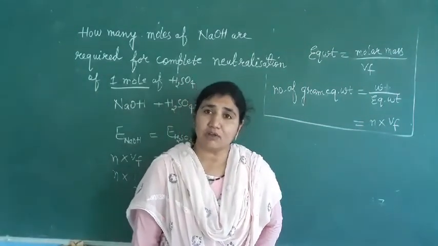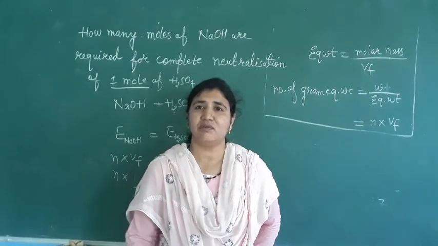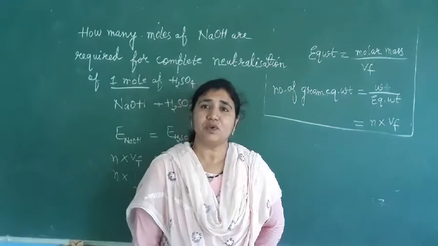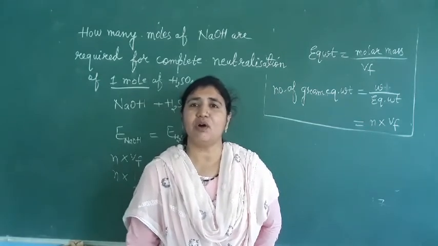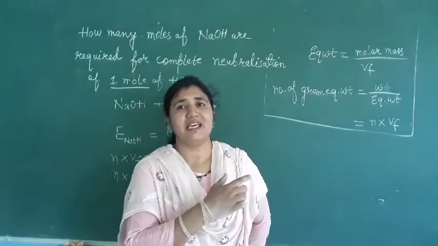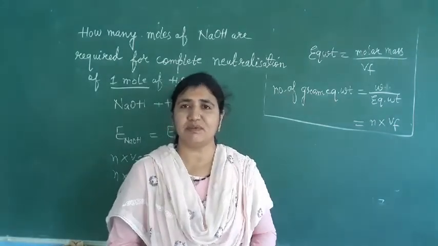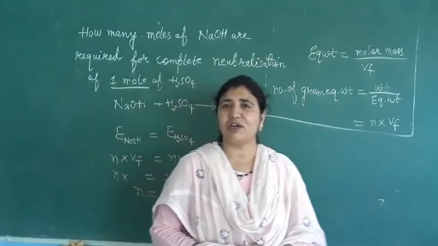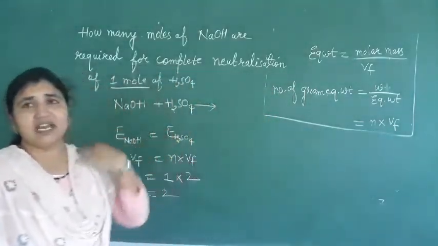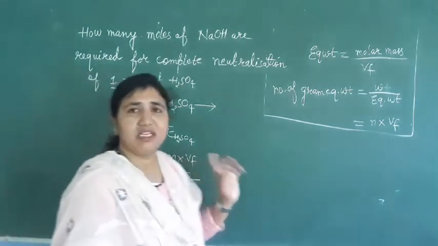Okay, in that redox reaction, the reaction in which oxidation and reduction takes place, that is called redox reaction. So in those reactions also, we can apply the gram equivalent law and do the problems based on that one. So that I have not explained because still that lesson is not there. When that lesson starts, I will explain there.